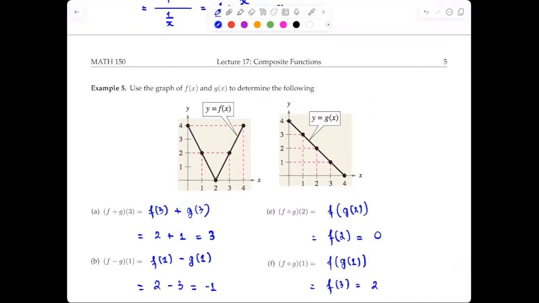So this is the graph of x. So x equal to 3, so f of 3 is equal to 2. So that's the first two. Now we calculate g of 2. So for g of 2, you go to the graph of g. That's good. Yep. No problem.